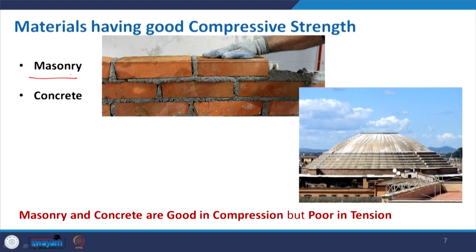The mortar can be lime surki mortar, or nowadays, after the invention of cement, it is cement mortar. Then concrete without reinforcement, here I am talking about plain concrete. Plain concrete has good compressive strength, so if you use a concrete block, it can really give you enough compressive strength.